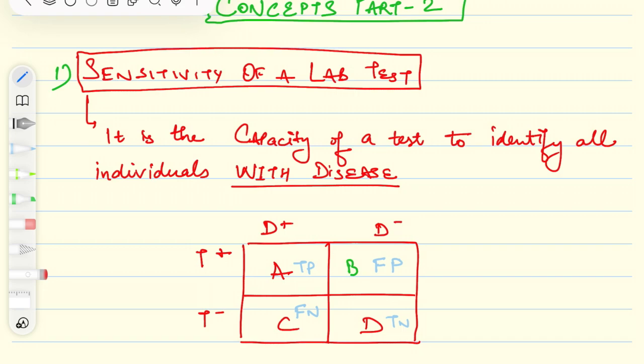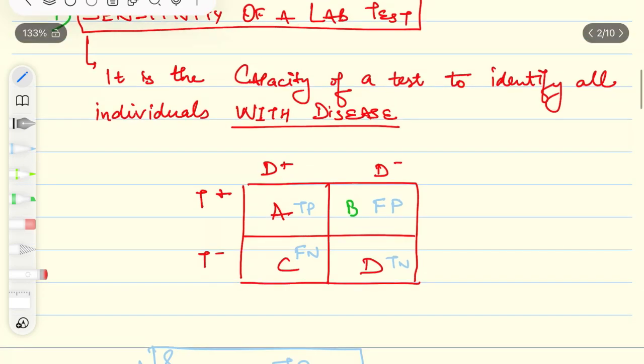So what is sensitivity? It is the capacity of a test to identify all individuals with disease. Means individuals who have disease, the capacity of a test to identify those individuals. From your PSM subject, you remember this is the 2 by 2 box in which these are the disease positive people and these are disease negative people, and on this side we have test positive and test negative.